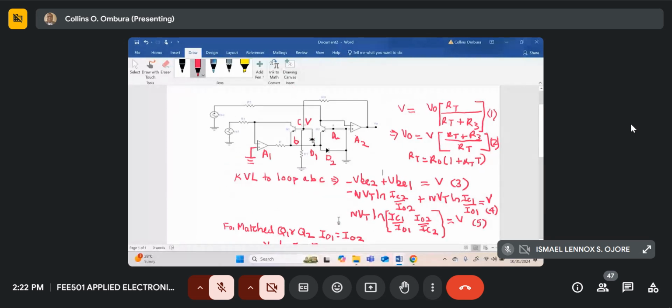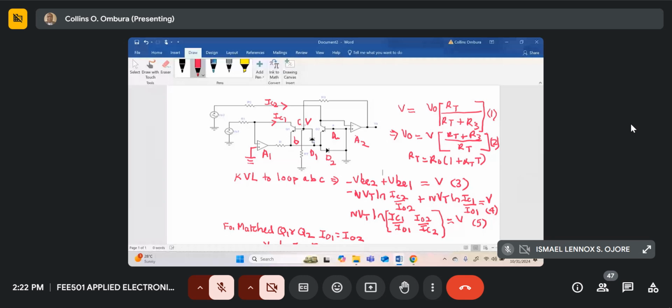If you look at the circuit, let's start with finding IC1. IC1 is the collector current of the first transistor. So in this circuit, this is your IC1. And this current over here will be your IC2.